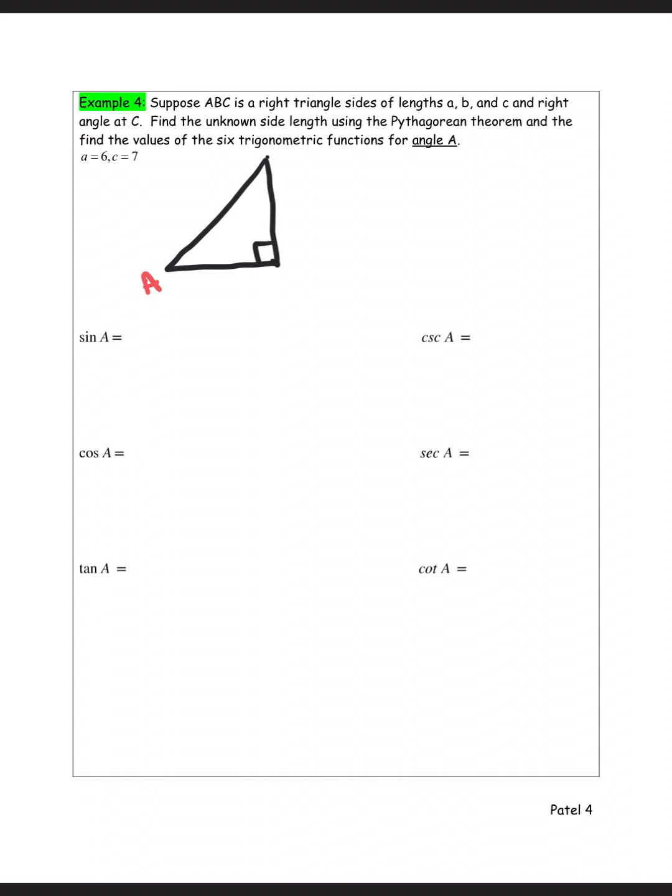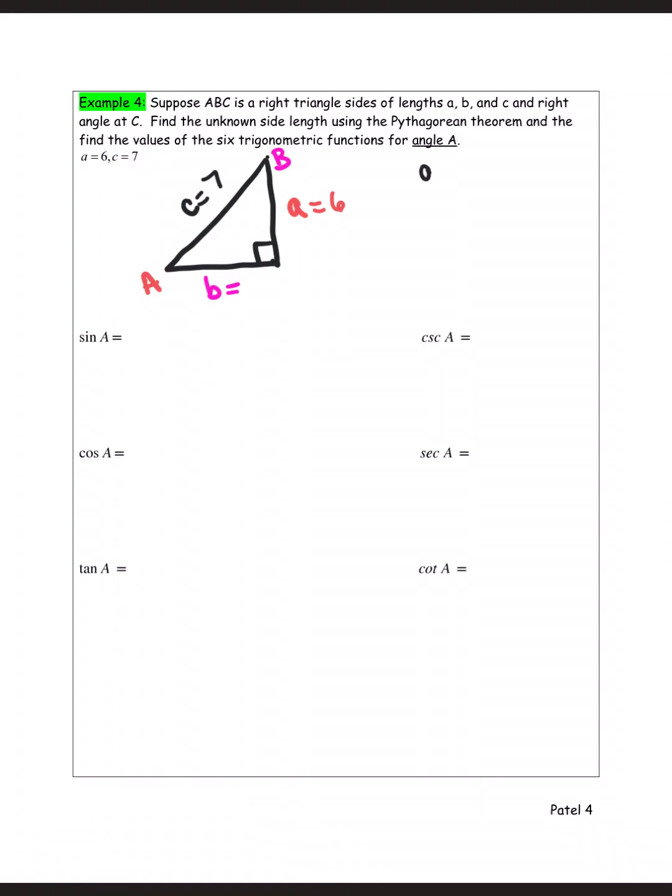So the opposite of angle A is side A. Opposite of angle B is side B. And opposite to angle C is side C. Notice that you can label angle A and B flip-flop, but then you have to coordinate the sides with it. So here we're given that A is 6. So side A is 6. Side C is 7.